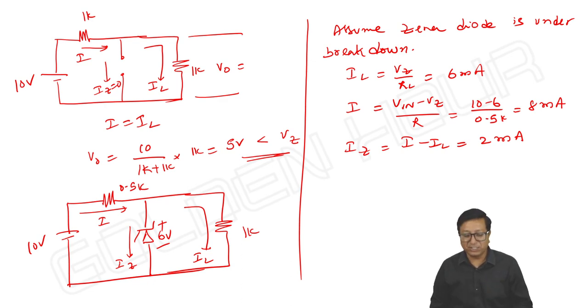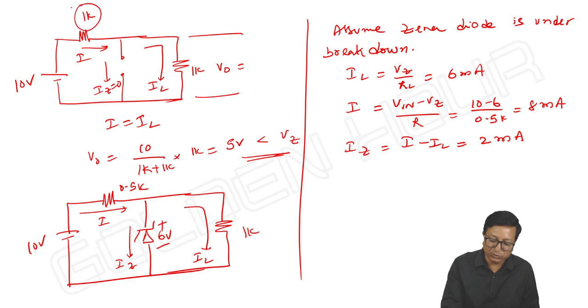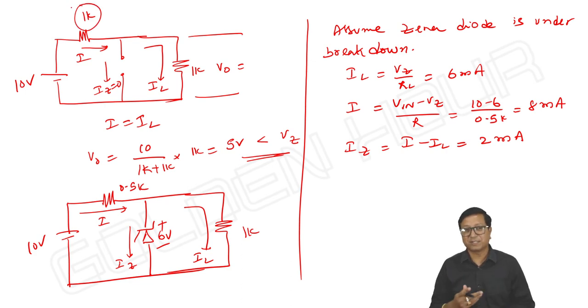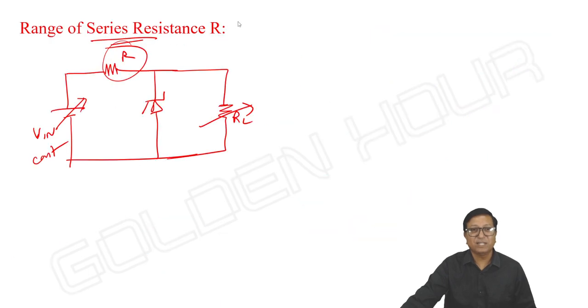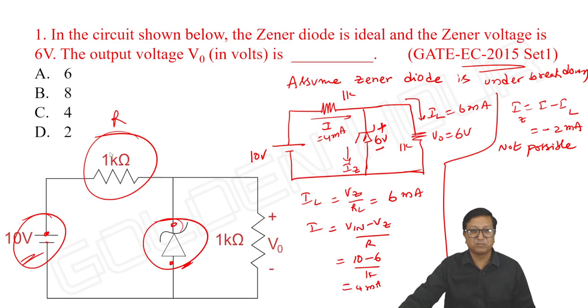Here, in this problem, the value of R is so chosen that even though the input is greater than Vz, the diode is not under breakdown. So definitely R is also influencing our circuit. That's why we need to look at the range of series resistance as well. This is why I did this problem first before going to the analysis.